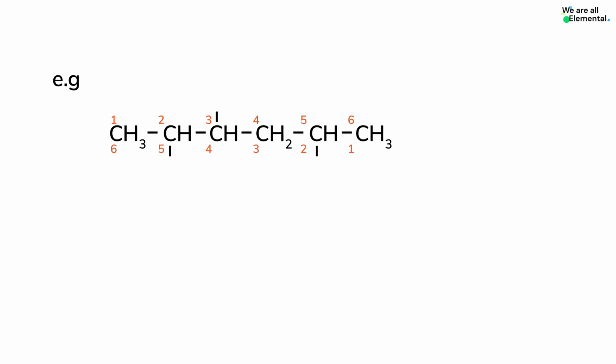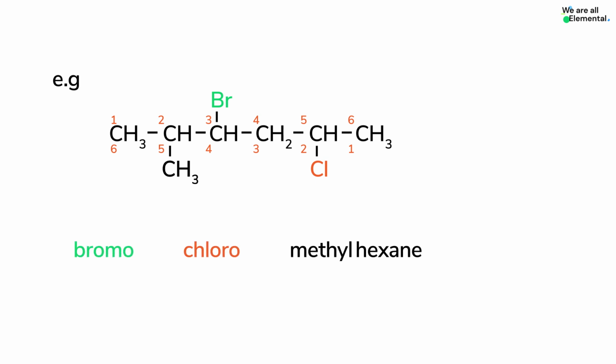So here's an example. The longest chain is a 6-carbon hexane. So the parent alkane is hexane. Then we identify the substituents, which are methyl, bromo, and chloro. And we place the substituents in front of hexane in alphabetical order.